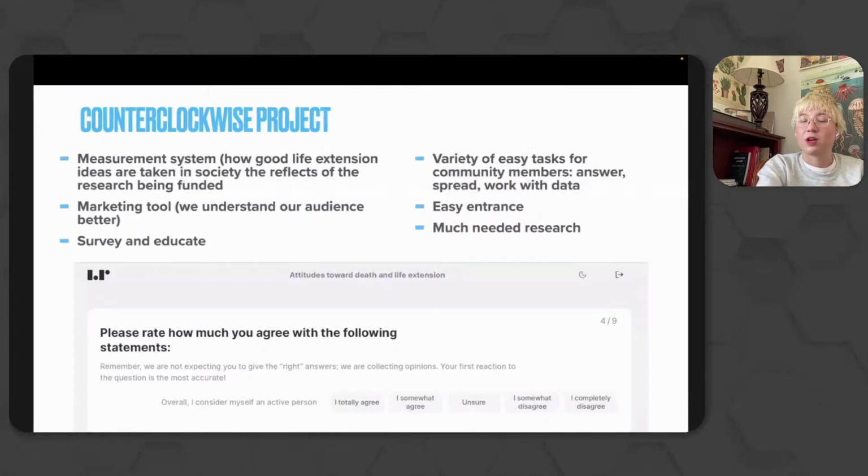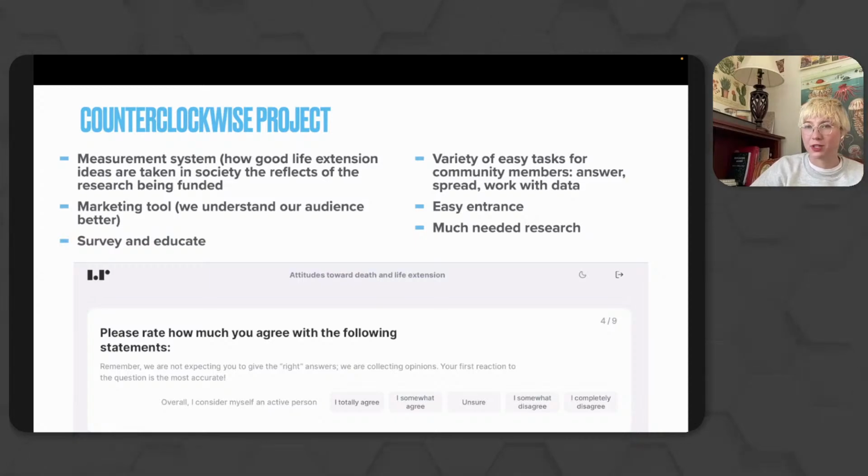And this is our Counterclock project. So yeah, this is the measurement system. This is also a marketing tool. We will ask people not only what they think about life extension, death and aging research. There are almost 100 questions, which, by the way, doesn't take you long to fill in. The flow is good.